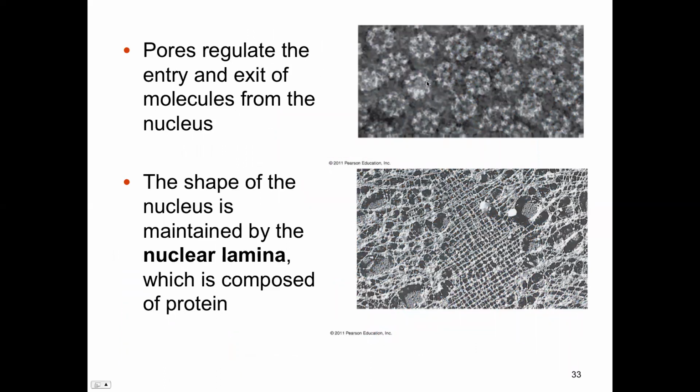I like this picture of the nuclear pores. You can actually see that they're very regular. There's a certain amount of proteins that make these pores, and the nucleus can have this all over the nuclear envelope, all right? And inside the nucleus, we don't talk about this too much, but there's actually proteins that give the nucleus its defined structure, all right? And that's called the nuclear lamina, all right?